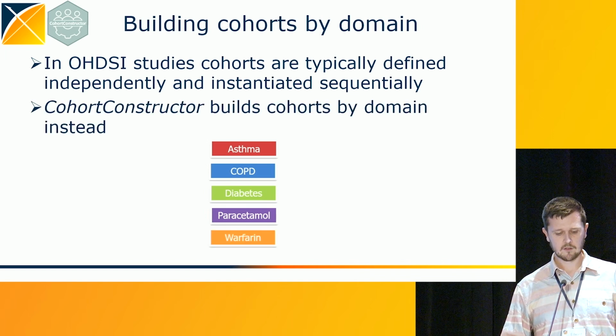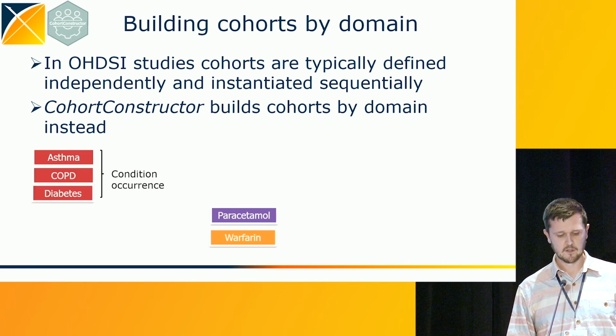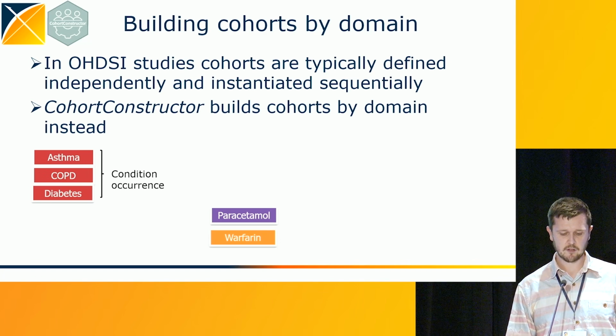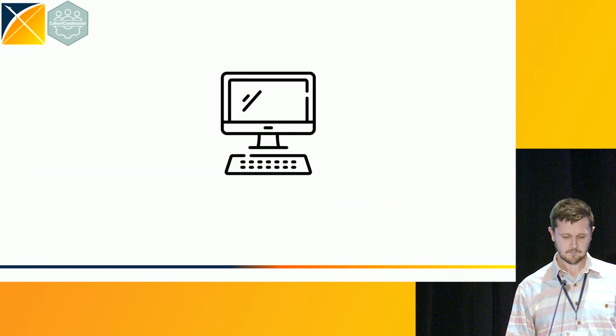CohortConstructor works slightly differently in that it builds cohorts by domain instead of by definition. So say those first three cohorts were defined based on codes in the condition occurrence table, they would all be built at the same time together. And similarly for our drugs, they would also be built simultaneously.